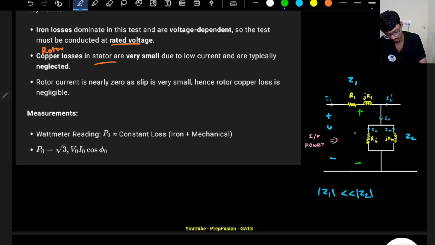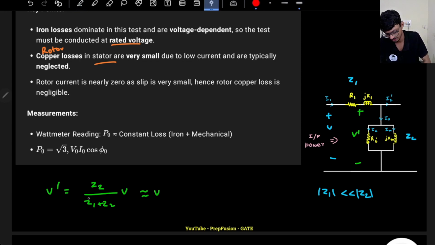V dash. I can roughly bring that voltage V dash. V dash is equal to the magnitude of Z2 divided by Z1 plus Z2, and as I have already told you, Z2 is very large, into V, the input V. So it will be roughly equal to V only, because Z2 is very large.